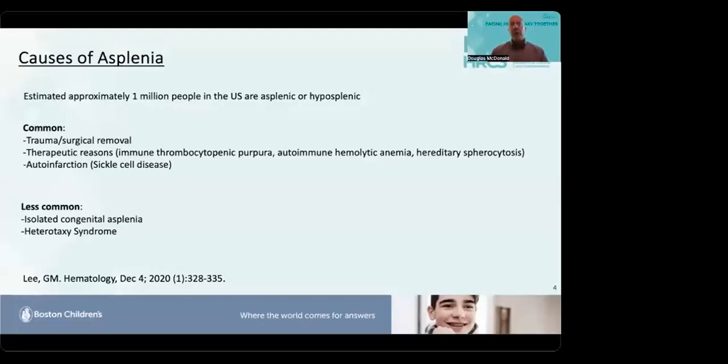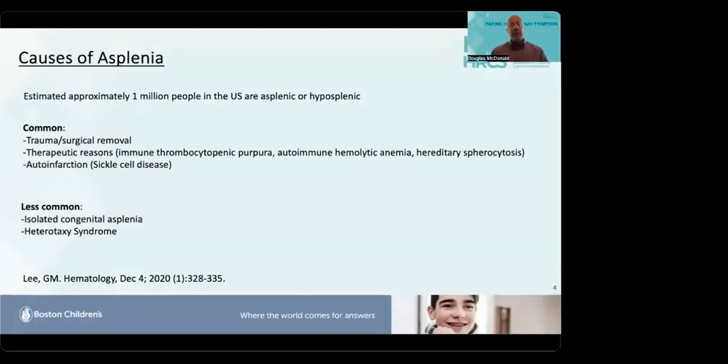Fortunately, due to some of the advances in medical management of these patients, splenectomy is becoming a lot less common. Certainly, patients with sickle cell disease are well described to undergo a process of autoinfarction, leading to functional asplenia or hyposplenism.